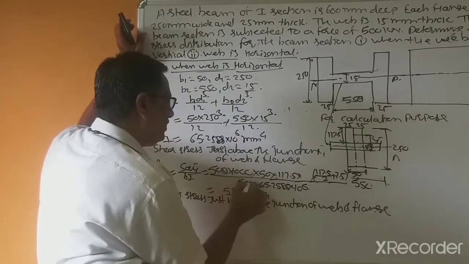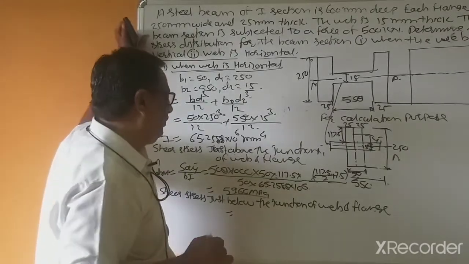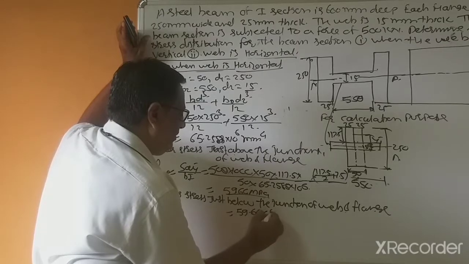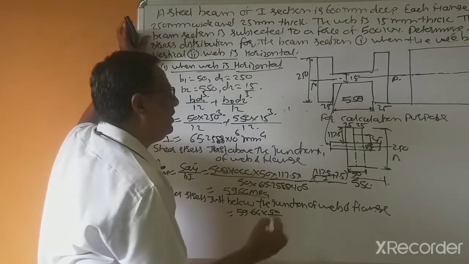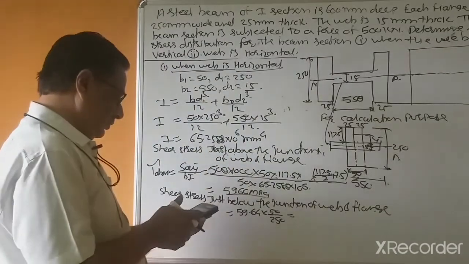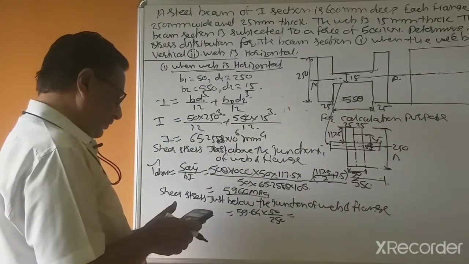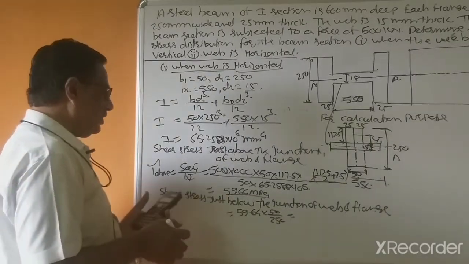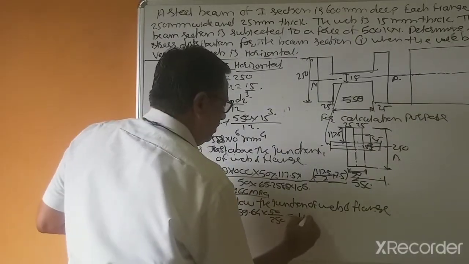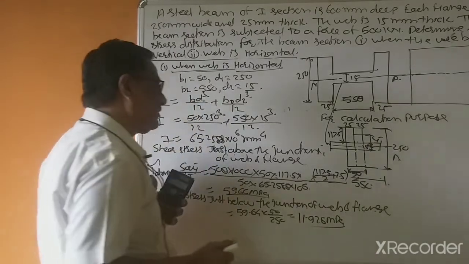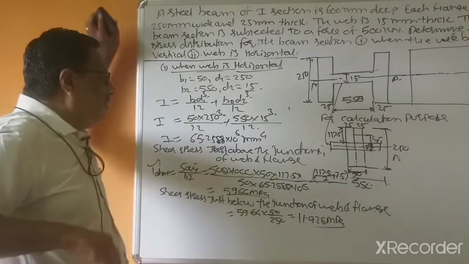So that's why here divided by 550. So multiplied by 50 and divided by 250. So multiplied by 50 divided by 250 means 11.928. 11.928 mega Pascal. Right.